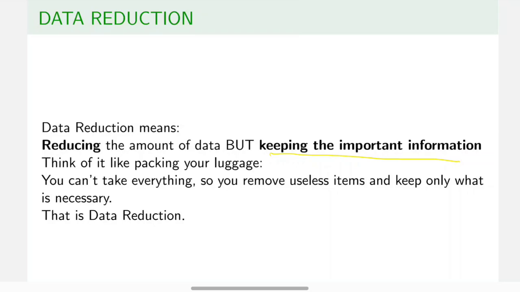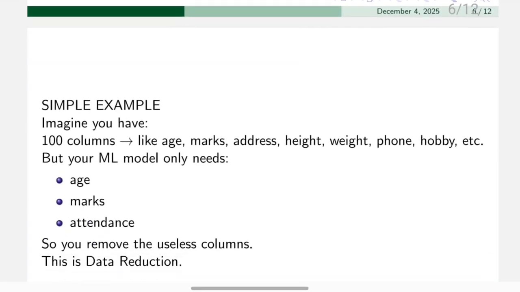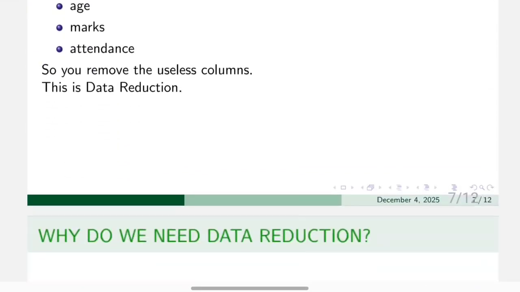So I will remove all the other factors and keep only the important ones. That is what we do in data reduction. Imagine you have a data set with 100 columns, but your model only needs 10 of them, the important 10. Instead of using all 100 columns, we keep the useful ones. This makes the model faster, simpler and more accurate. That is why we require data reduction.